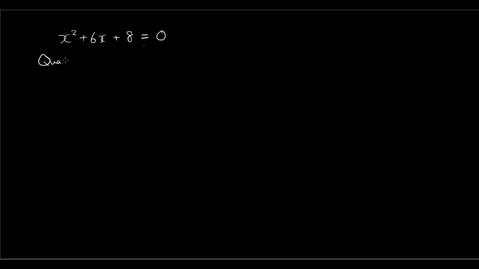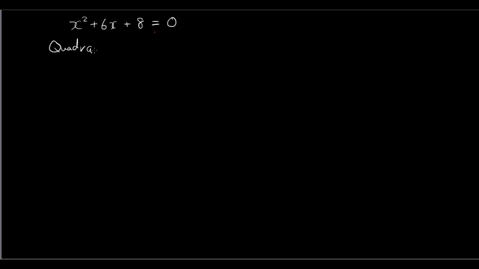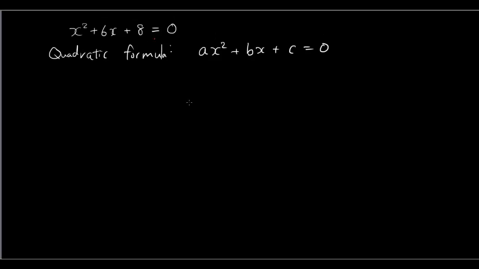Now the quadratic formula states that when ax squared plus bx plus c is equal to 0, so a, b, and c are just three numbers, any numbers, then x equals negative b plus or minus, so there are two possible answers, that's why it's plus or minus, the square root of b squared minus 4 times a times c, all over 2a.